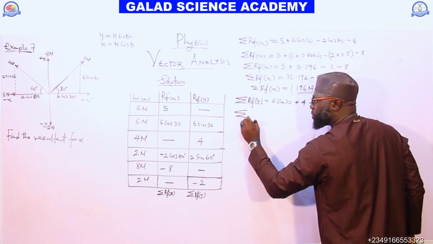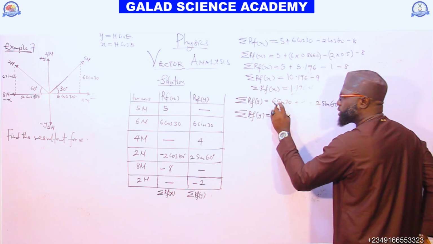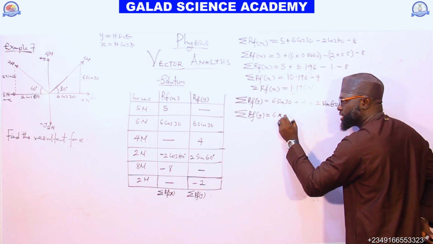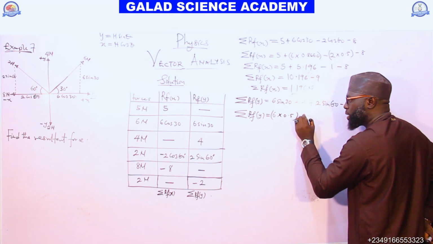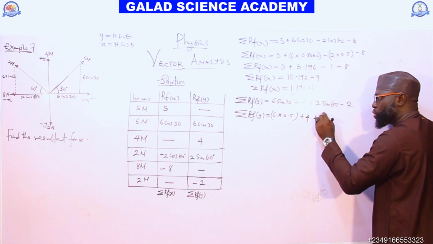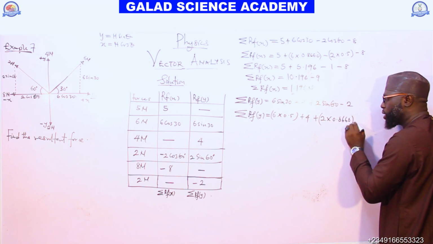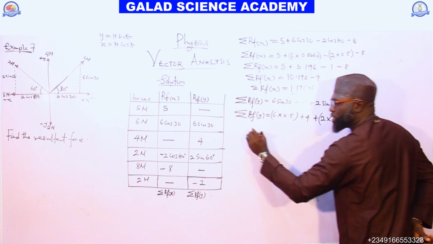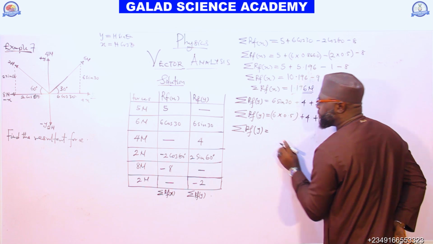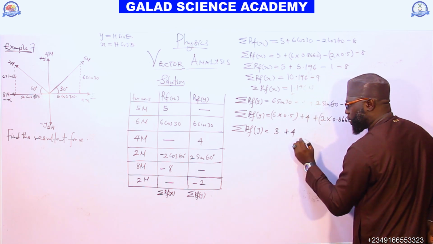We have sum of resultant force for y will be equal to 6 sin 30 is 0.5, plus 4 plus 2 times 0.8660 minus 2. So the sum for the resultant force y will be equal to, this time this will give us 3 plus 4.